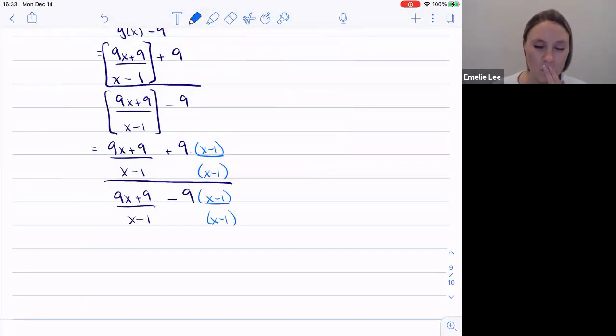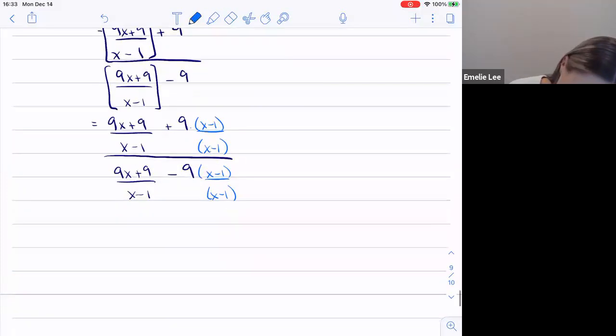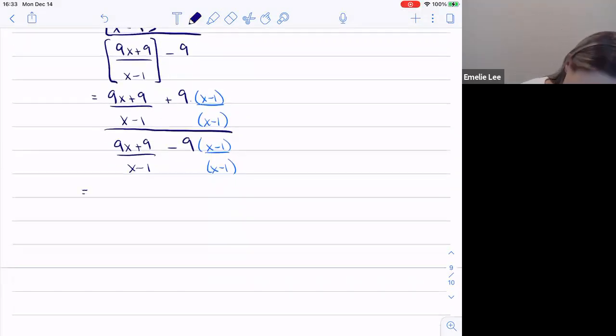Okay. Now I've got this common denominator, so I can smush this together, and I can also expand this 9 inside, so I get 9x minus 9. So a lot's going to happen here. I am kind of moving a little bit quicker, so if there's something that doesn't make sense, gotta stop me.